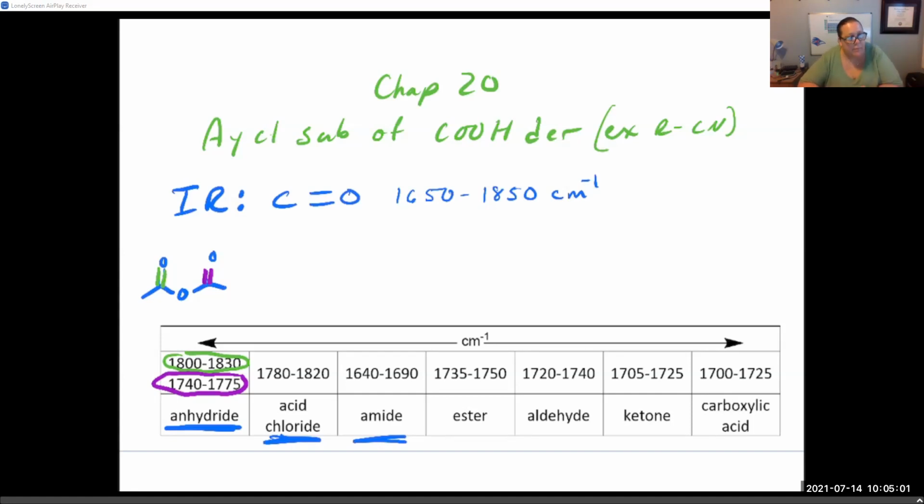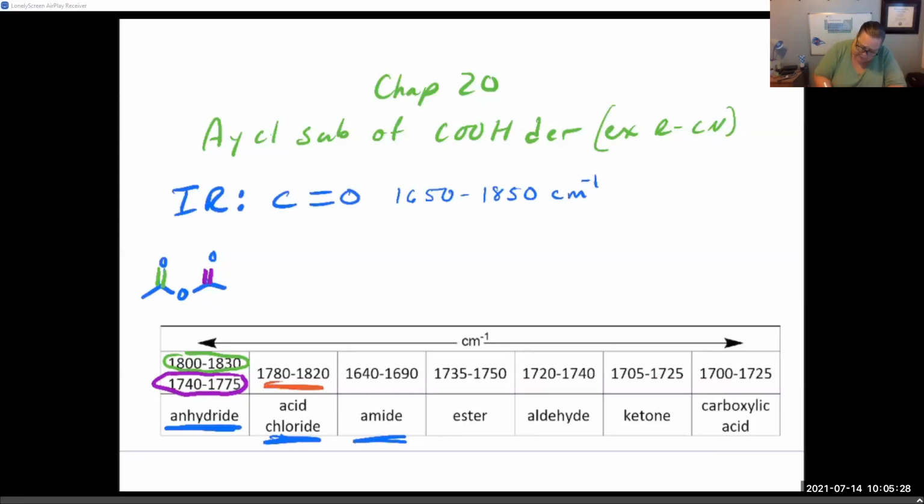However, with anhydrides, we see something happen in terms of the symmetry of the stretches. Symmetry of stretches is something I'm not getting into. If you're a chemistry major, you'll learn about that, trust me, more than you will care to learn about. But just 2 carbonyls, 2 stretches is all you need to know as an organic 2 student.